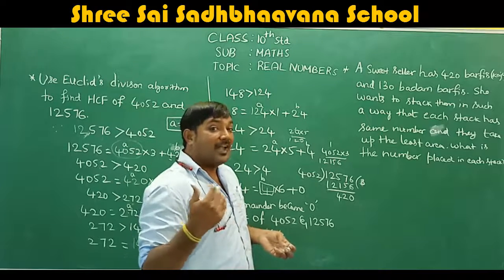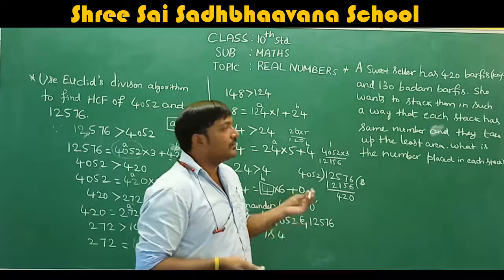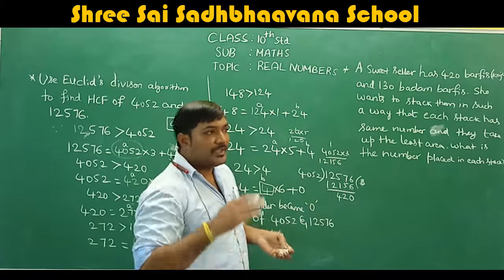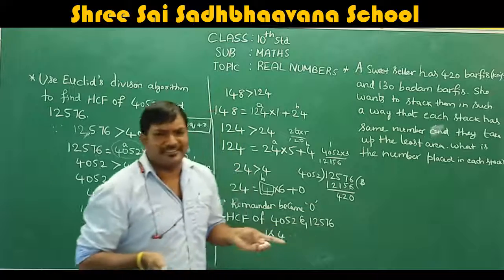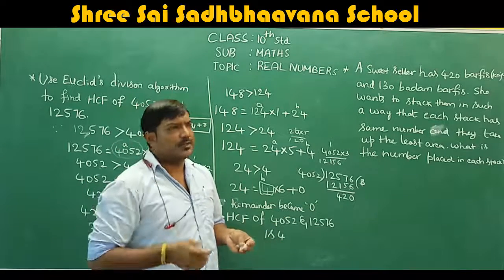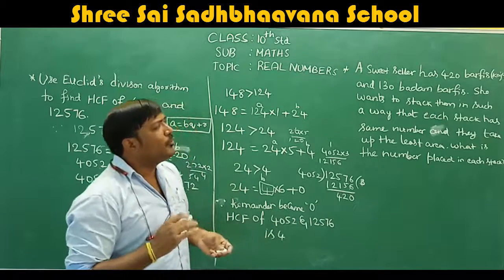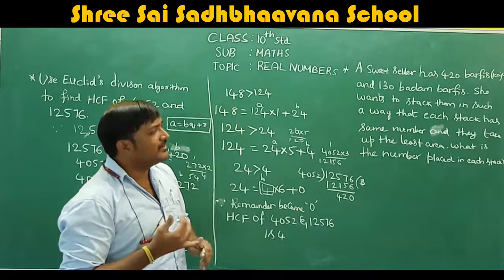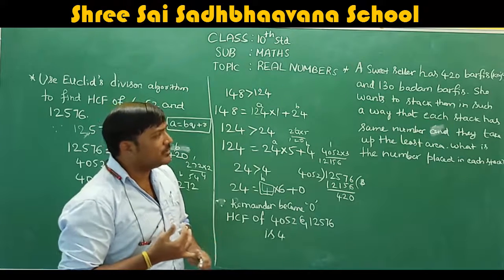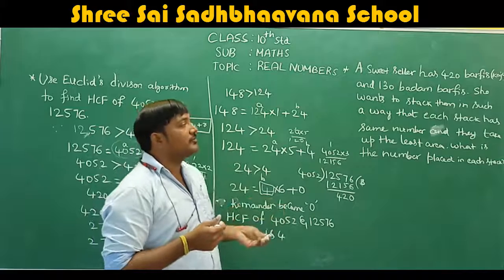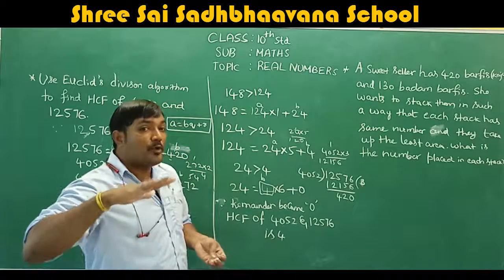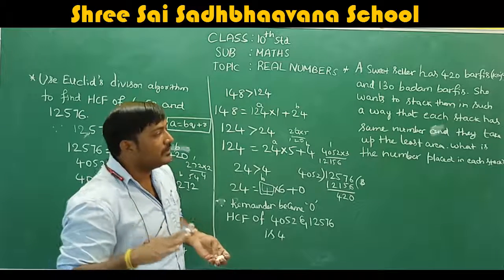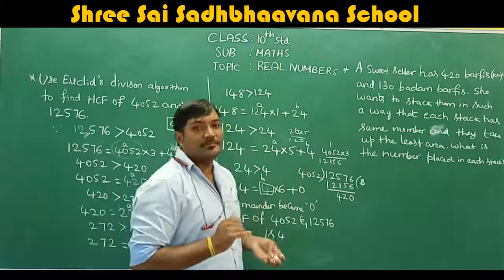Or people who own a bakery, even they also know this, right? They place these egg puffs or burfis, anything, in a stack. Okay, the question is, the sweet seller is having 420 kaju burfis and 130 badam burfis, but she wants to place them in a proper number of stacks. Remember, it should take the least area.